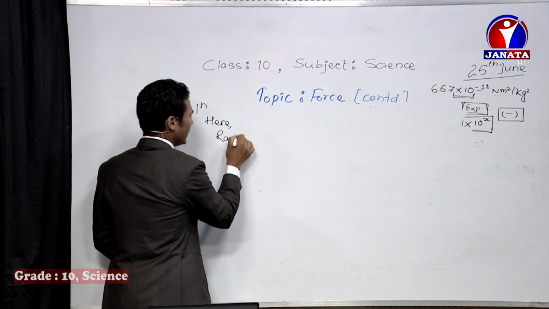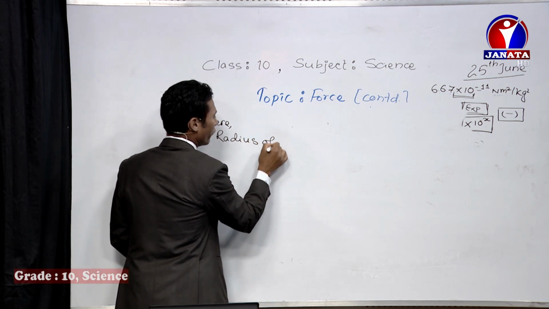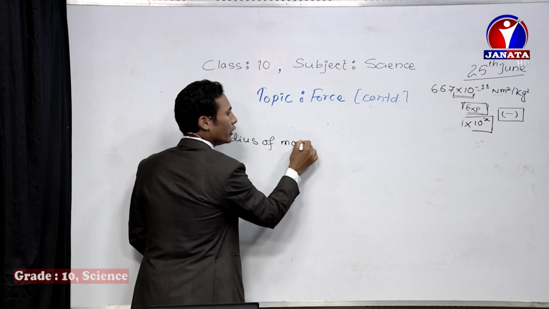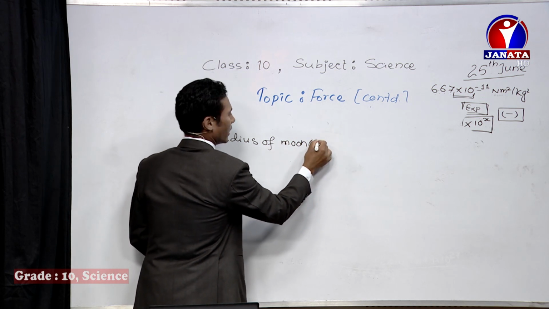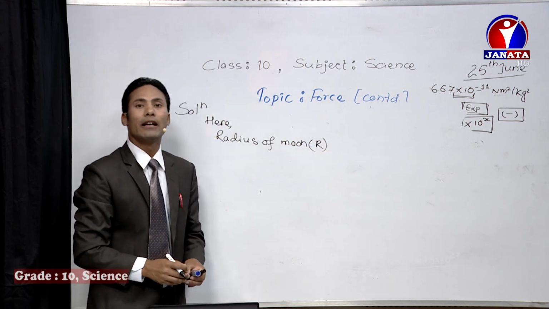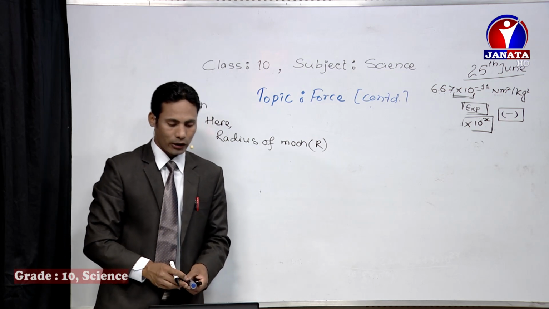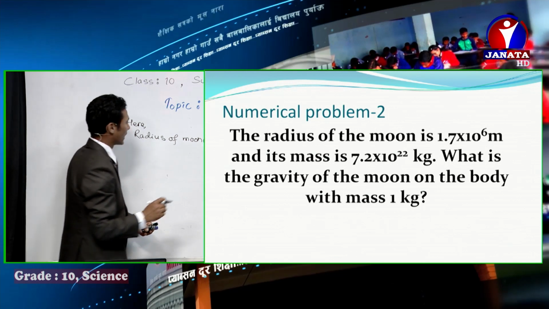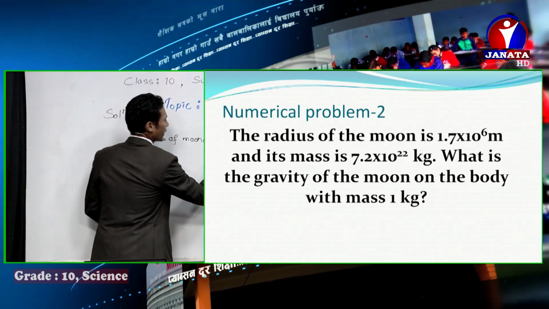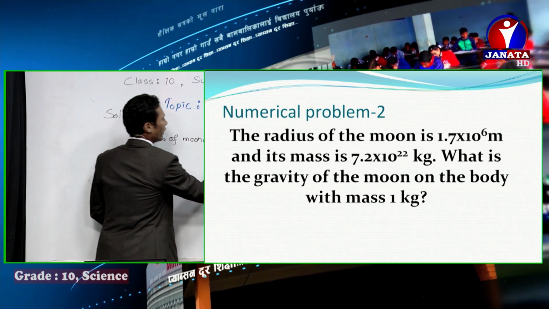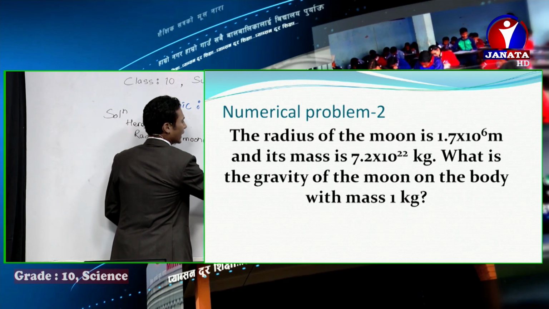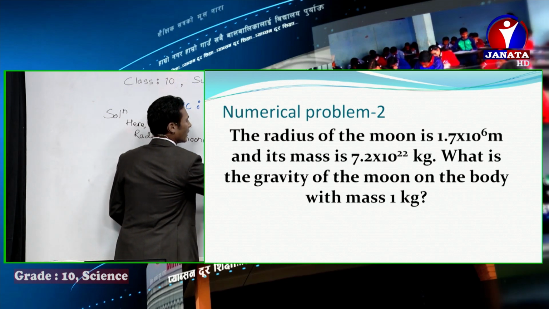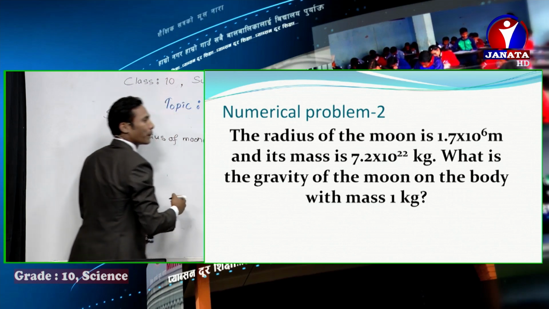What we are going to do is calculate the gravity of the moon. You can see the question on the screen also. The radius of the moon is given there: 1.7 into 10 to the power 6 meters, right?